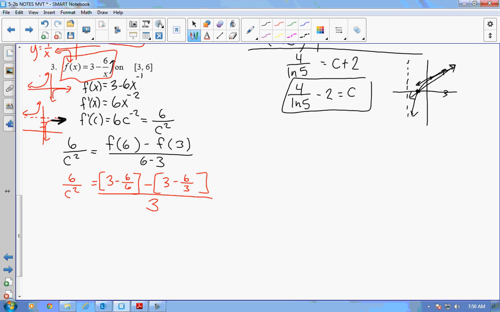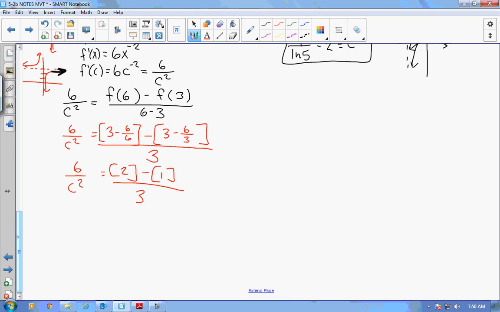And just simplify. 6 over 6 is 1, so 3 minus 1, which is just 2, minus 3 minus 2, which will be 1, all over 3. So we get 6 over c squared equals 1/3.